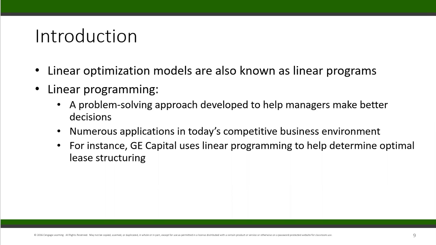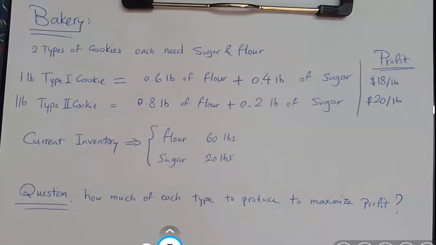So I'm going to show you two examples here. I have one example written here. Imagine in a bakery, you have two types of cookies. This is a very simple example.